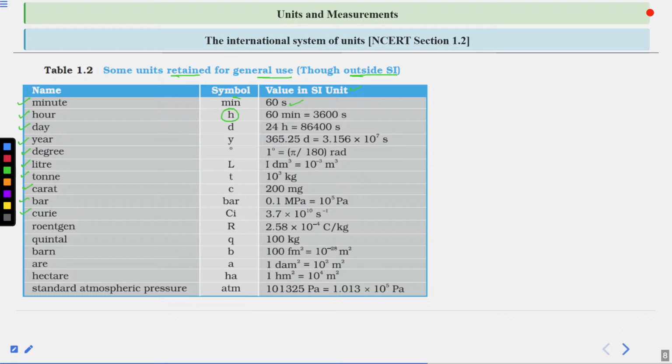That's why 1 hour, 60 minutes, is equal to 3600 seconds. 1 minute is 60 seconds, so 60 minutes is 60 into 60, so you get 3600 seconds. Third is day. Day is denoted by the symbol d. So 1 day means 24 hours, and in 24 hours, how many seconds? 86,400 seconds.